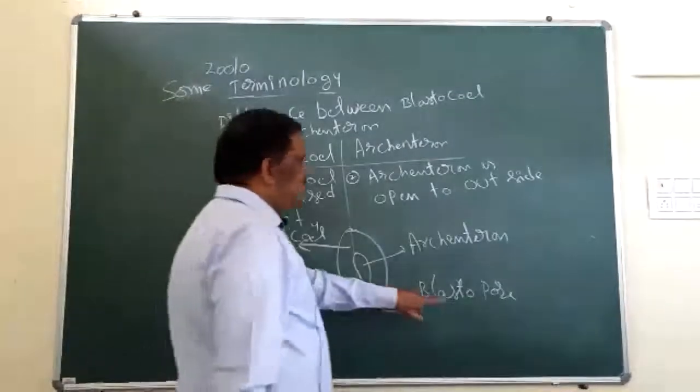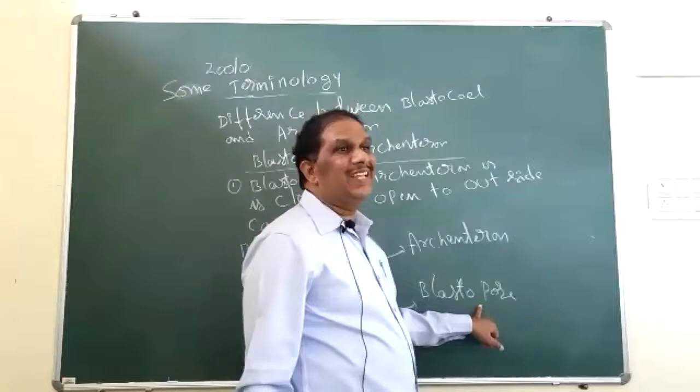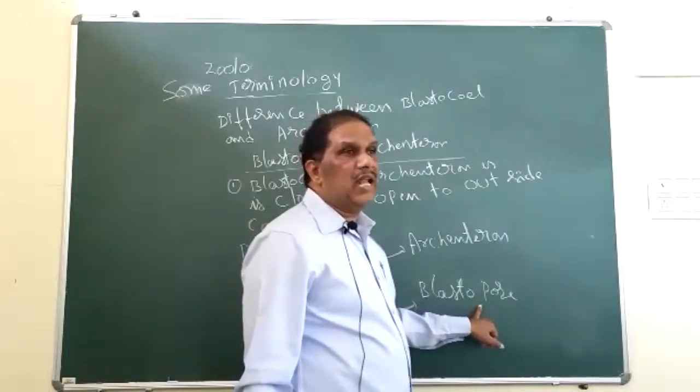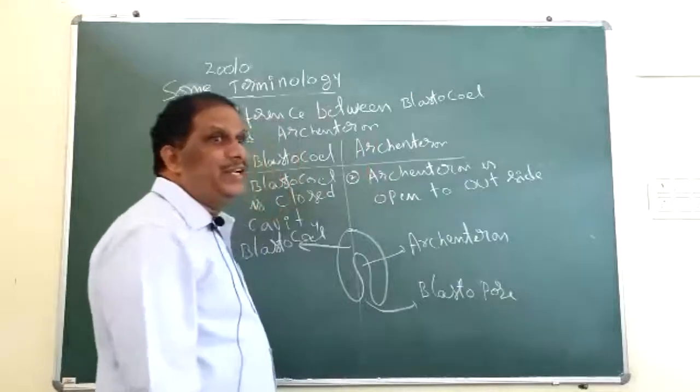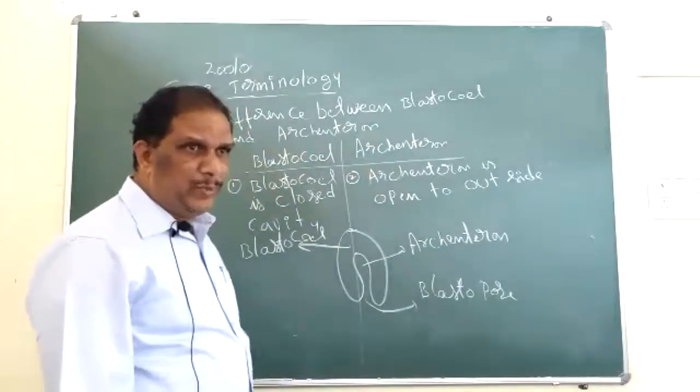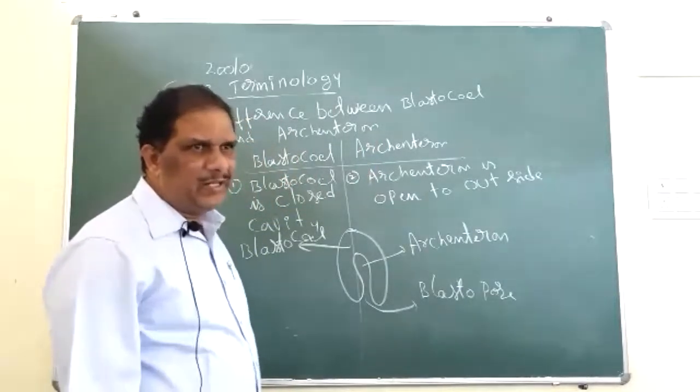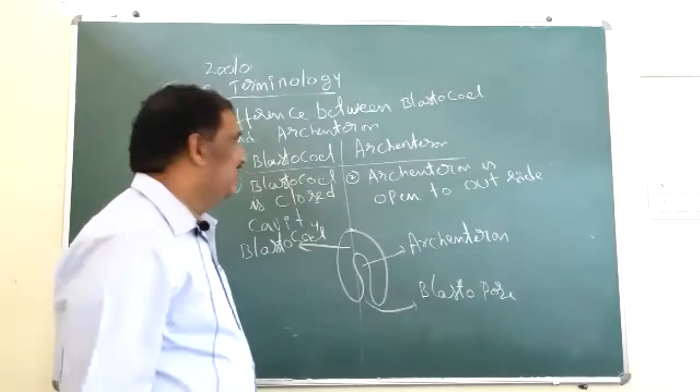So, based on the opening of the pore, again, animals are classified into two types: protostomians and deuterostomians. Did you ever hear that one?